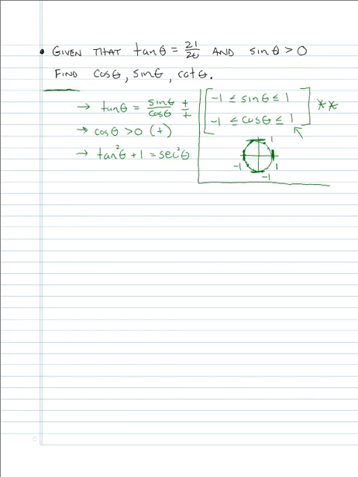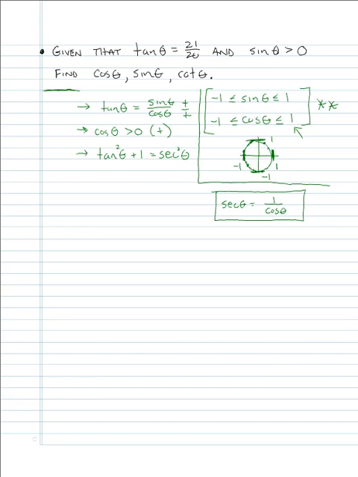The reason I say that is in this case, we know the tangent of theta. And let's keep in the back of our mind that the secant of theta is the same as 1 over cosine theta. So if we can figure out what the secant of theta is, we can figure out what the cosine of theta is. So here we go.